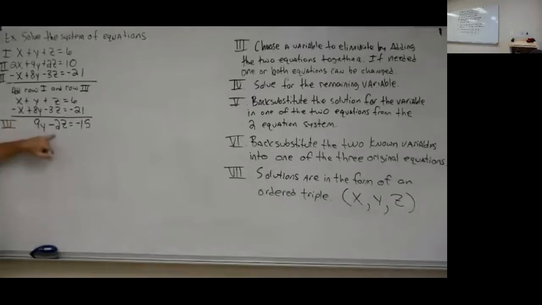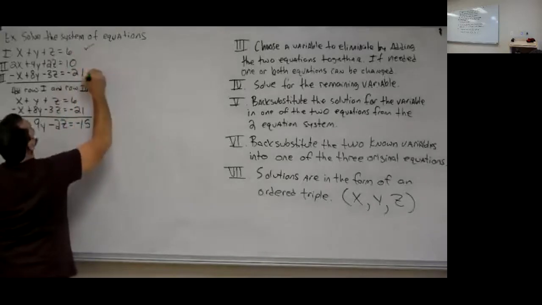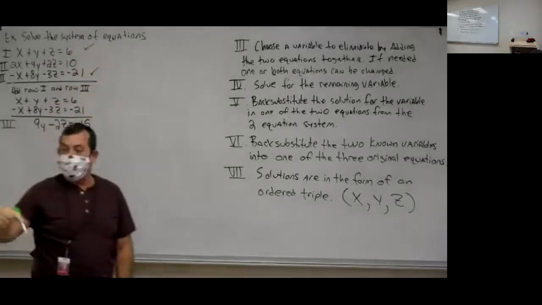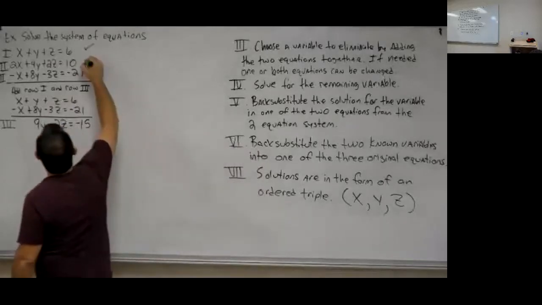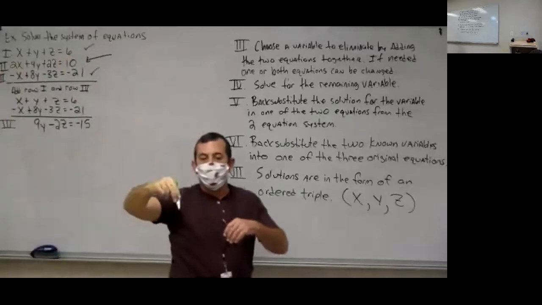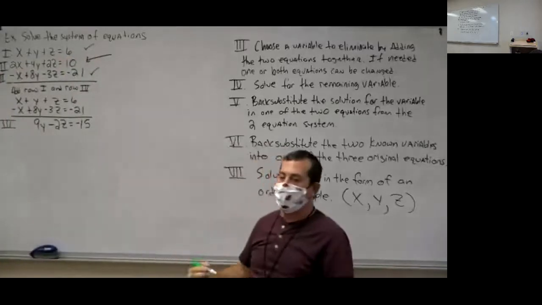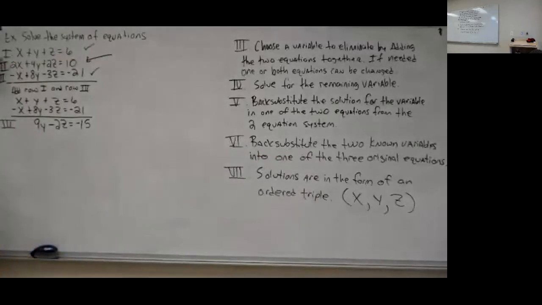So notice what I had on my notes. I've gotten rid of the first variable. Now, I used row 1 and I used row 3 to get rid of that x. I now have to use, no matter what, row 2 and one of the other 2 rows to get rid of the x again. So y'all, here's what I'm going to do.